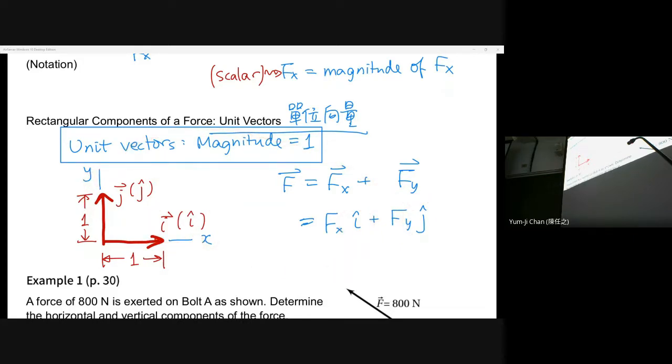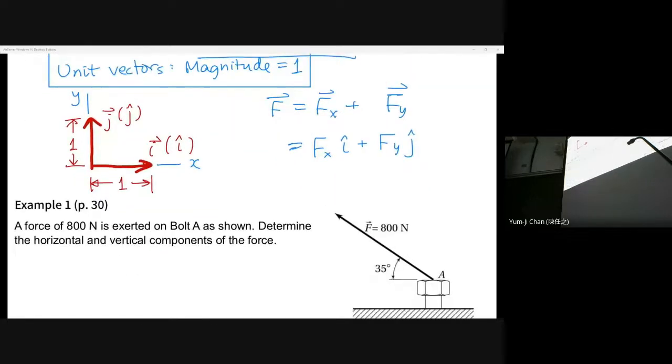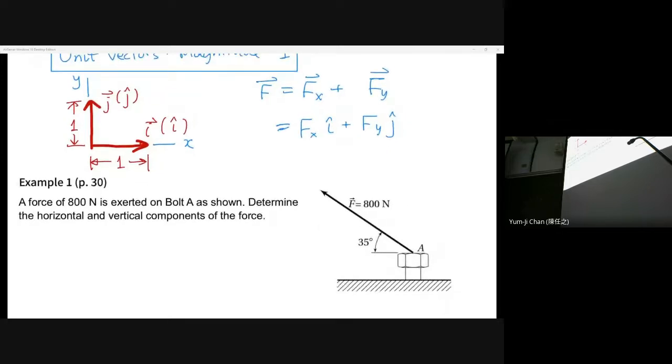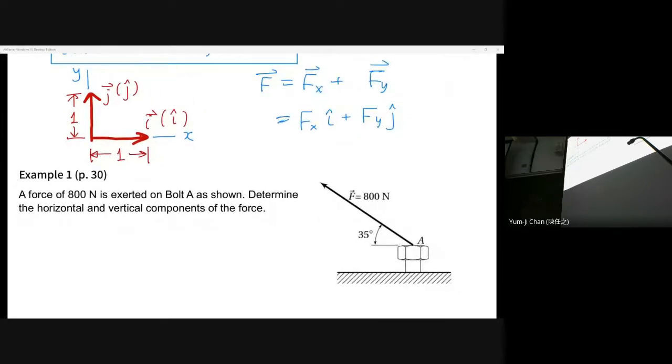If it looks okay, then we go on to this example 1 here. Here we have a force of 800 Newton exerted on x1 and A as shown here.